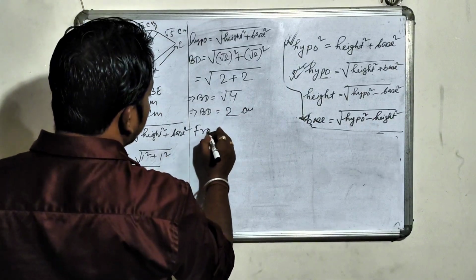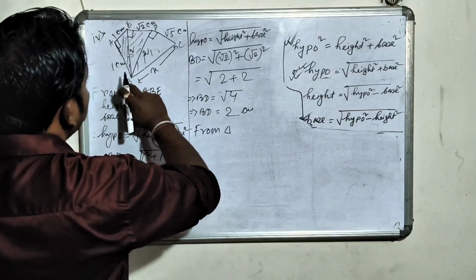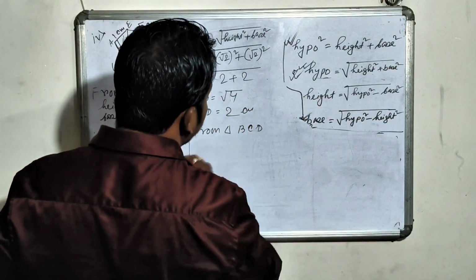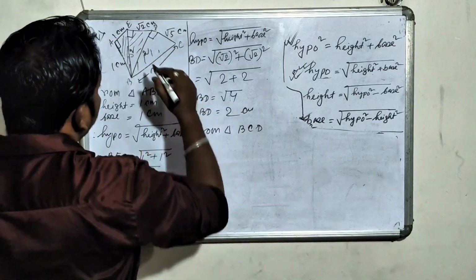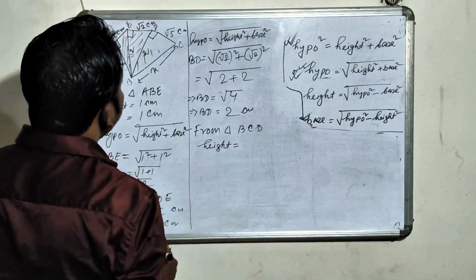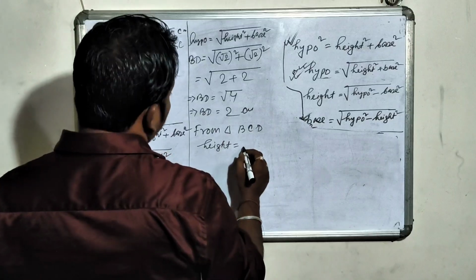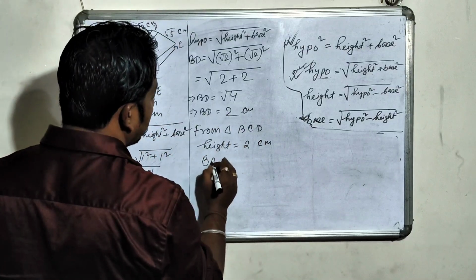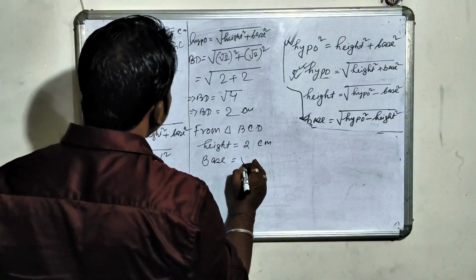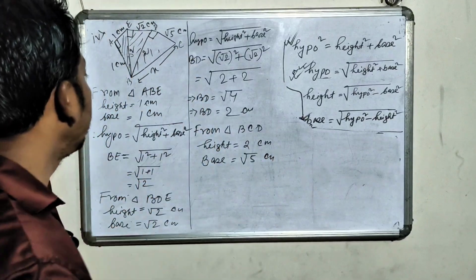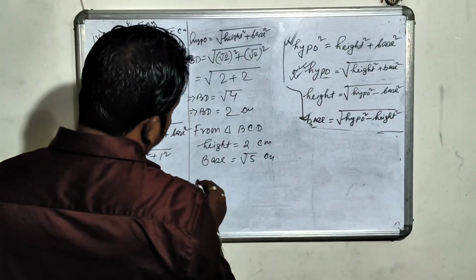From triangle BCD, height equals to 2 centimeter. Base equals to root 5 centimeter, and here BC means x.